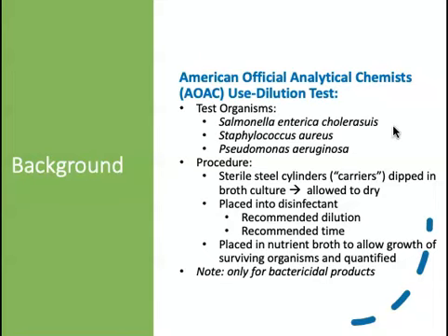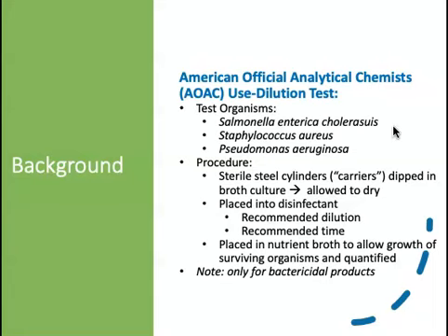Those steel cylinders are then placed into disinfectant at the recommended dilution, again, according to the manufacturer, and for the recommended time, according to the manufacturer. The cylinders are then removed from the disinfectant and blotted and so on, and then placed into a nutrient broth, just a regular basal medium, in order to allow the growth of surviving organisms.